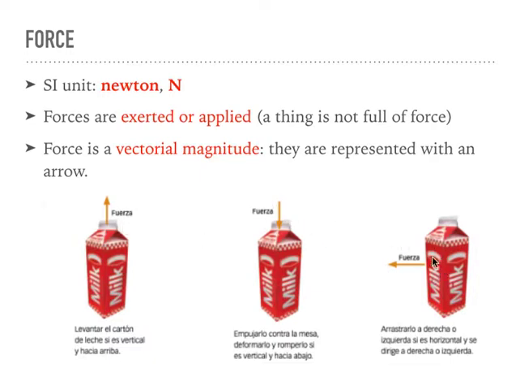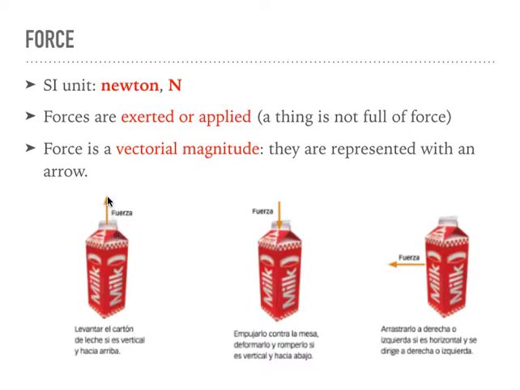So here, for example, I took this picture from a Spanish book. That's why everything is in Spanish, but I know you understand it perfectly. When you pull the milk up, if you want to draw the force, you need to draw it in the direction in which you are applying this force.